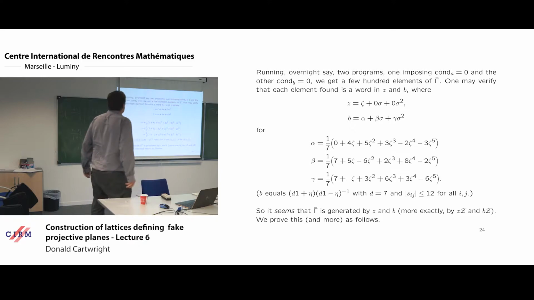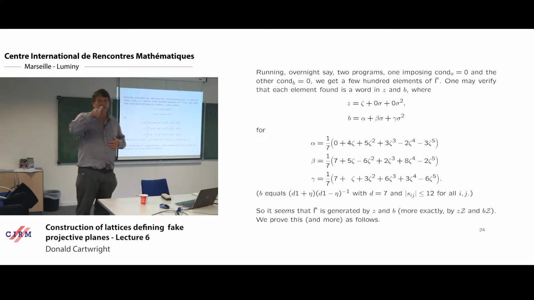So in this particular case, when T sub 1 is empty, by running a program, it's hard for me to say how long it took, but I ran it again, but I knew the answer, you see. So I knew I'd set my variables going from -10 to +10 or something like that.